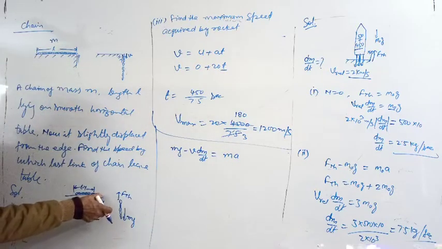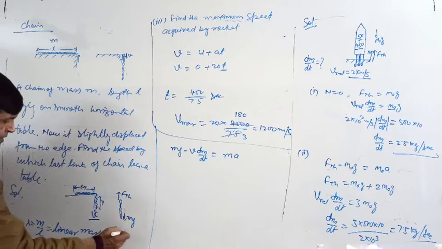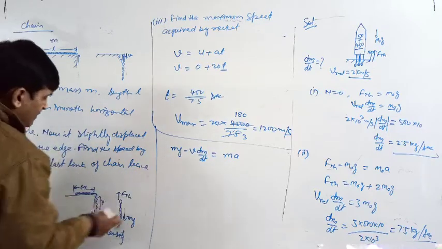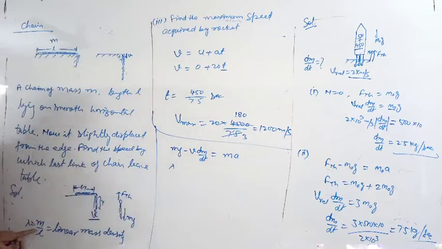So let lambda be the linear mass density of the chain, the mass per unit length.